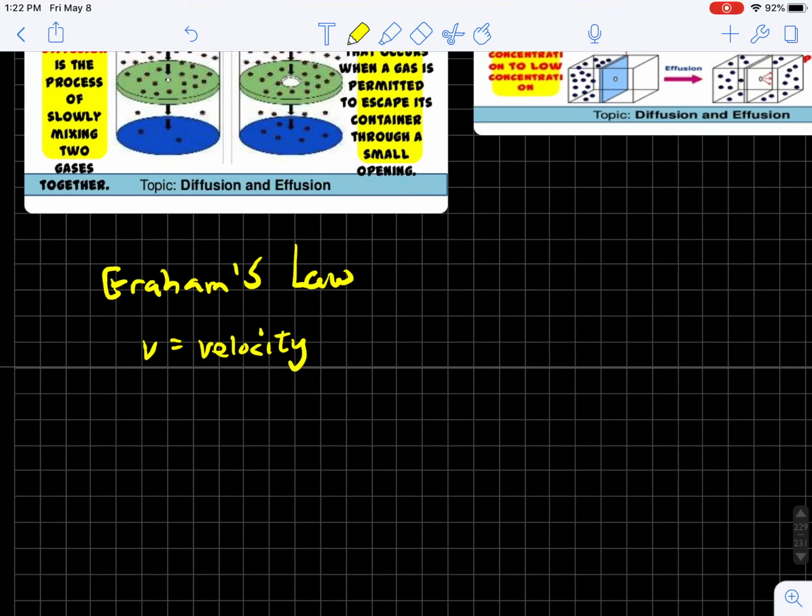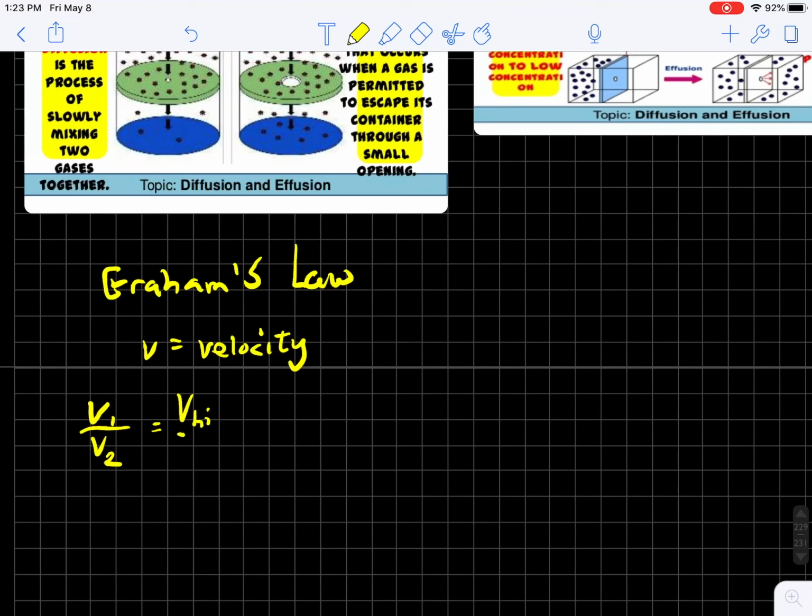And you'll get the right answer regardless of how you set this up, as long as you're consistent with the way you substitute in. But I tend to like to put the faster particle in the numerator and the slower particle in the denominator. So when they do V1 over V2, velocity of particle 1 over velocity of particle 2, I'm going to make this the light one.